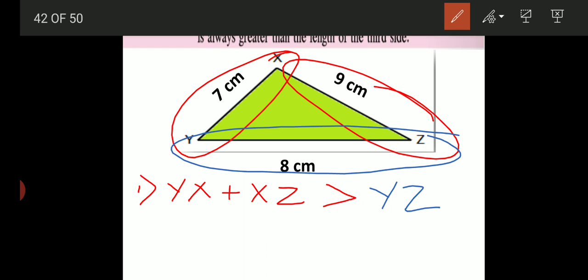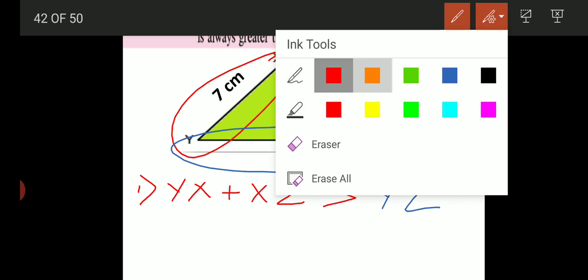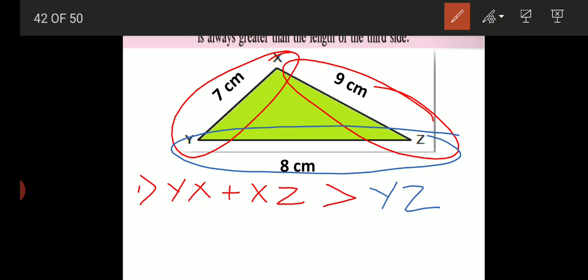So now let's see, when we add up with the help of numbers, whether this property is right or wrong. So once again, we have YX, which is 7 centimeter, and X and Z, which is 9 centimeter, which should be greater than Y and Z, which is 8 centimeter, right?